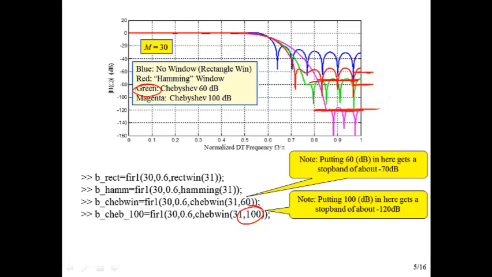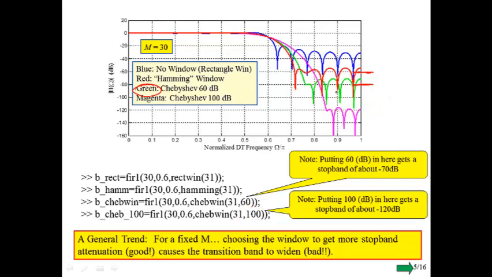Now, another big thing we can see here is a general trend. I'm fixing the value of M, sticking at M equal to 30. And when I choose a window that helps me get a lower stop band level, it rolls off slower. So my transition band increases in width, but I get better attenuation in my stop band.